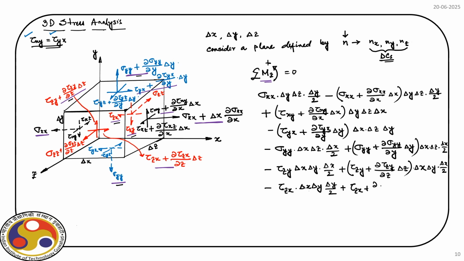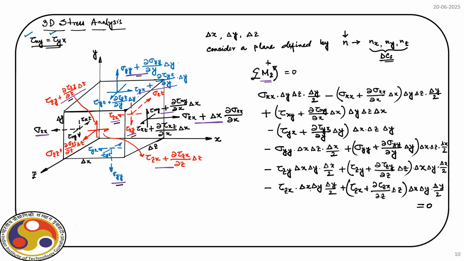So, we have tau zx divided by z times delta z, and the lever arm delta x delta y times delta y by 2. So, this will be equal to 0. So, these are all the moment components along z axis, right.